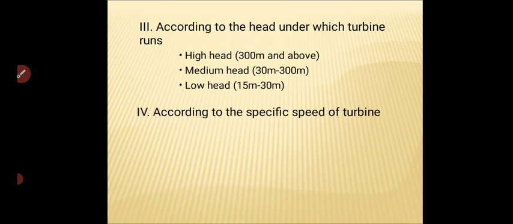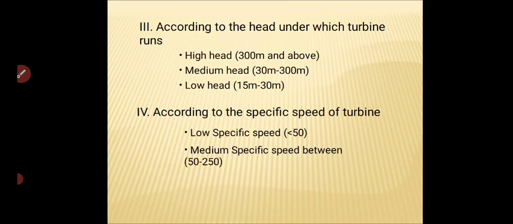And now according to the specific speed of turbine, there are again three types: low specific speed, medium specific speed, high specific speed. Low specific speed is less than 50, medium specific speed is between 50 to 250, high specific speed is greater than 250.